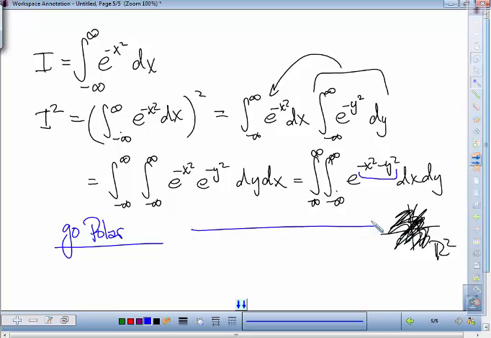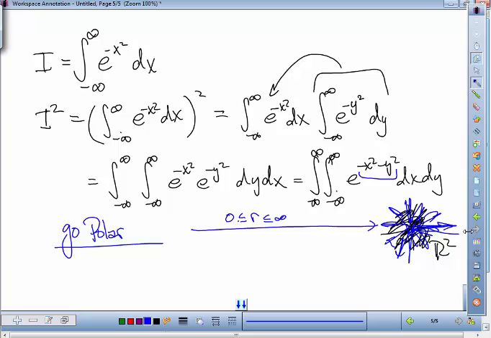Which means, in terms of trying to figure out how to map out the whole xy plane in polar coordinates, what can we think about? We can think about letting r go from 0 to infinity. And then if r, the radial distance, goes from 0 all the way off to infinity, let's let theta spin around, then we can capture the whole xy plane, right?